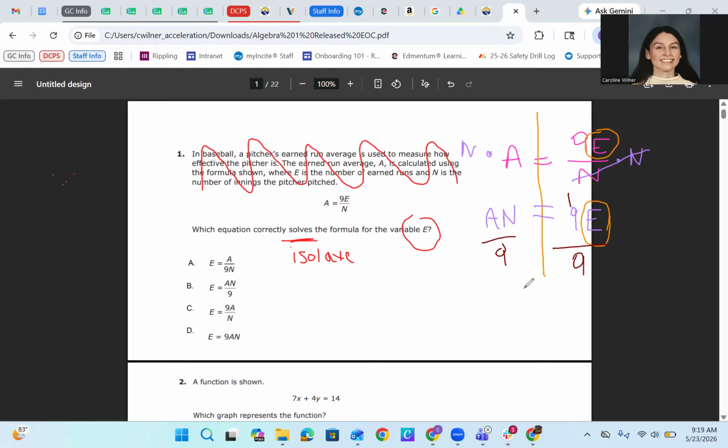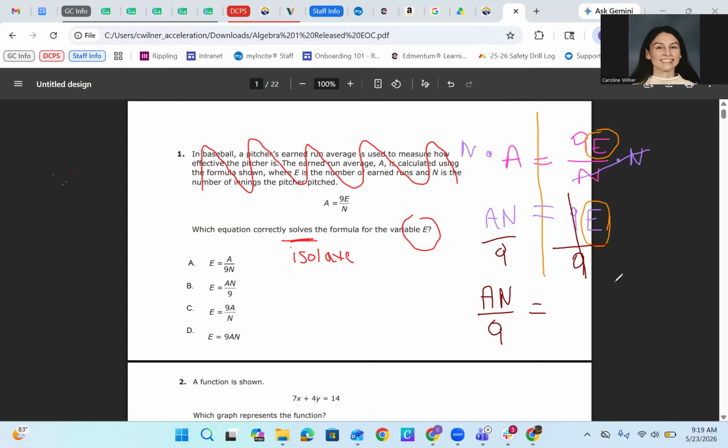It will cancel on the original side. And we can ask ourselves, well, do we know what a n divided by 9 is? No, we have no idea what the value of a and n is. So we are going to just rewrite it into the next line. A n over 9.